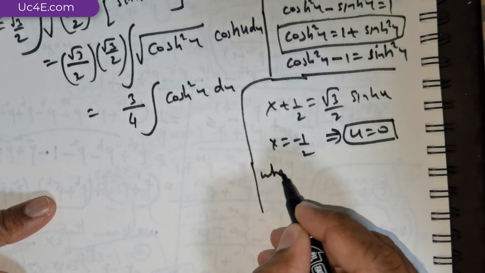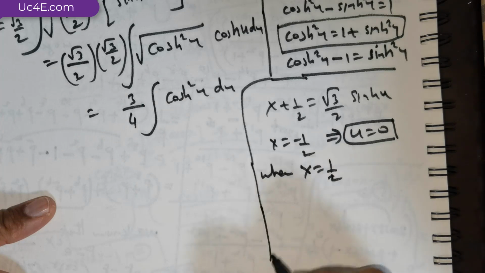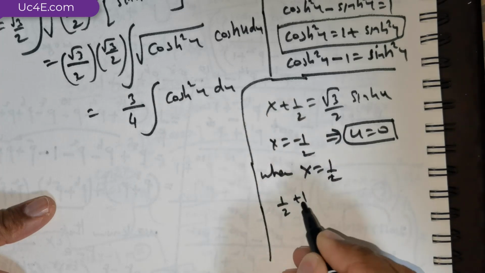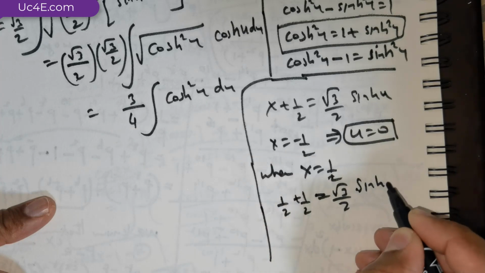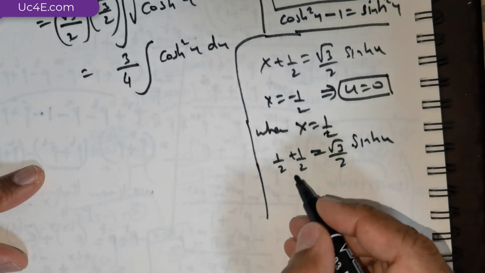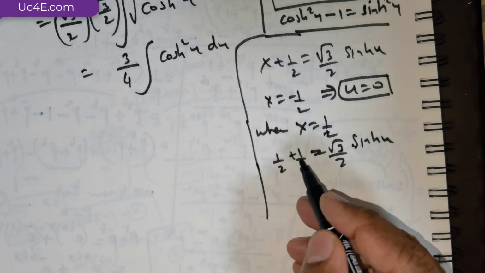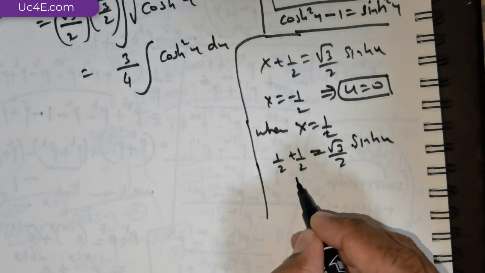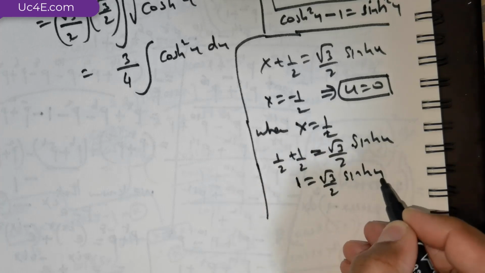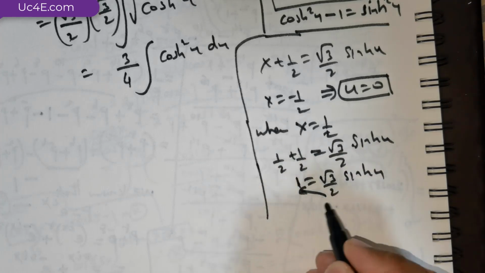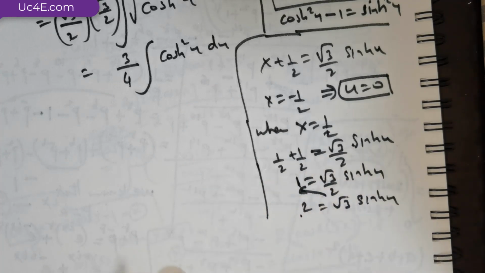Now next step, when x is equal to 1 over 2, I substitute 1 over 2 here. So 1 over 2 plus 1 over 2 is equal to root of 3 over 2 times sinh u. This is going to give me 1, right? 1 over 2 added with 1 over 2 is going to give me 1. And 1 is equal to root of 3 over 2 times sinh u. You cross multiply, you get 2 is equal to root of 3 sinh u.